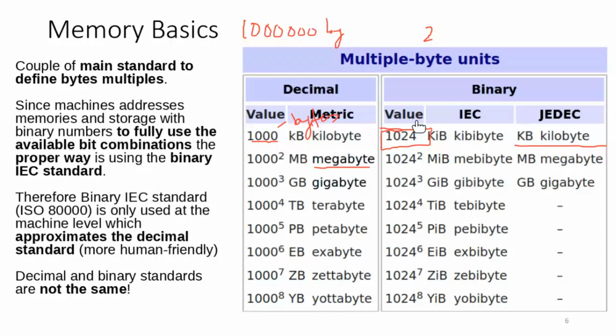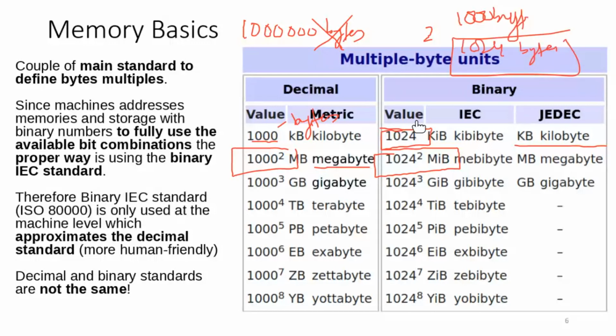The right way is 2 to the power of 20. This is not a big deal. All I want to say is that you always measure the size of memory in powers of 2. So your memory cannot be 1000 bytes. It will always be 1024 bytes.